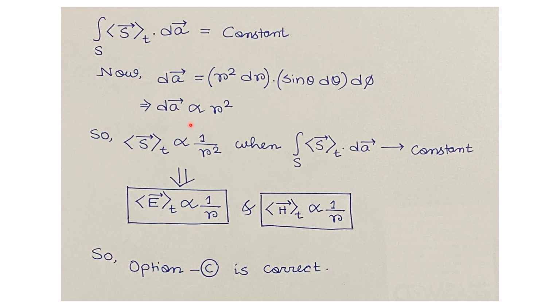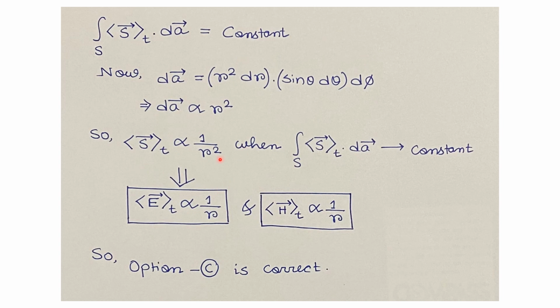So, basically dA vector is proportional to r square. So, if the surface integral is constant, then the time averaged Poynting vector will be proportional to 1 by r square, so that this surface integral will be constant.